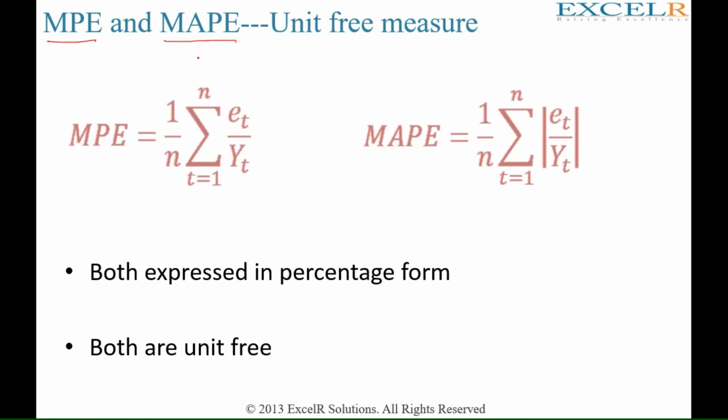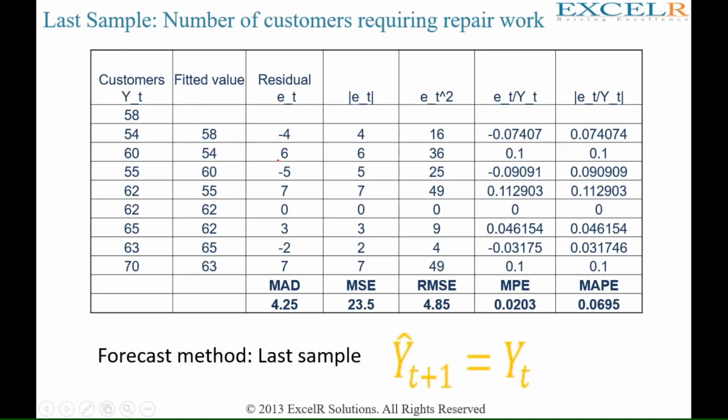Both of these are unit-free measures because both of these are represented in percentage terms. This is the formula for mean percentage error, E_t by Y_t, error by the actual value. Mean absolute percentage error is given here. These are all the errors. So think about this. You have the Y_t values, you have the fitted or forecasted values.